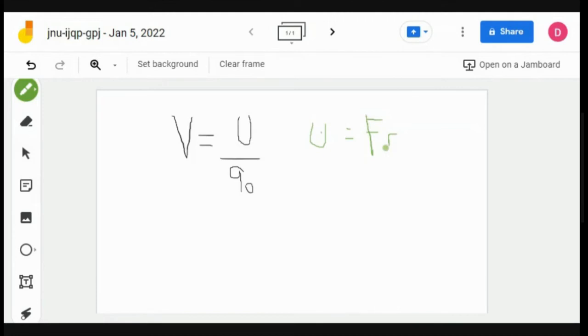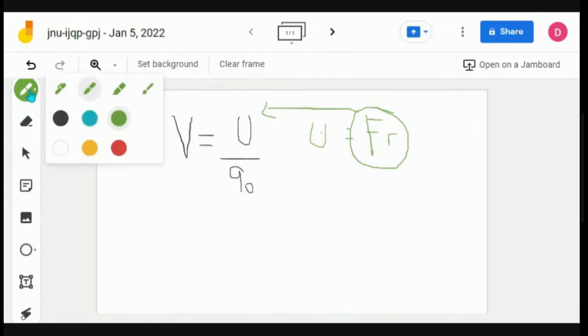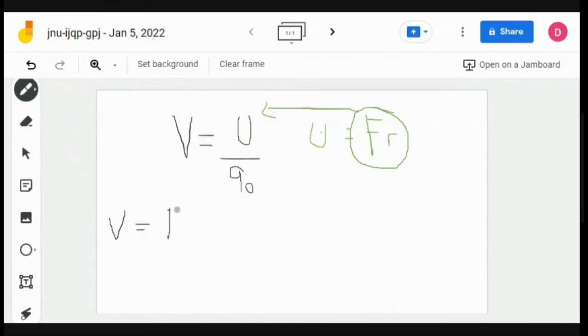Now what we can do is substitute this one. We can substitute this as FR all over Q naught. Now if we're going to substitute this one, we can have V is equal to FR all over Q naught.